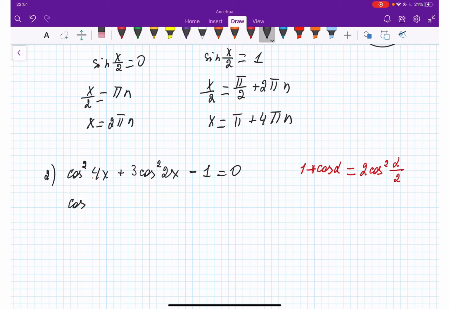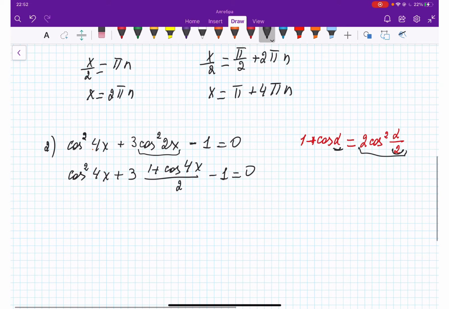It's going to be cosine squared 4x plus 3 times, since I have here cosine squared alpha half, in this case, it's going to be 1 plus cosine, see here double angle, alpha half, and here we have double angle, so 2x will become 4x, yes? And we divide by 2, minus 1 equals 0.